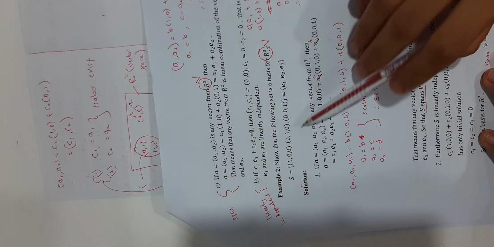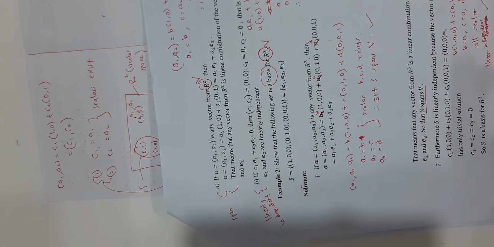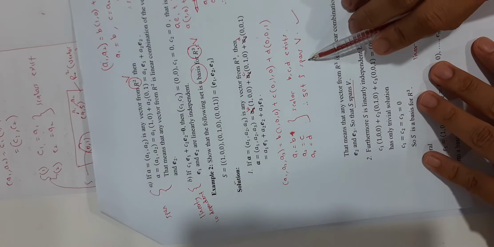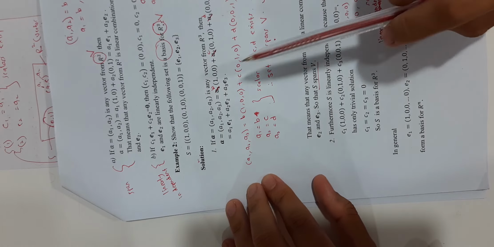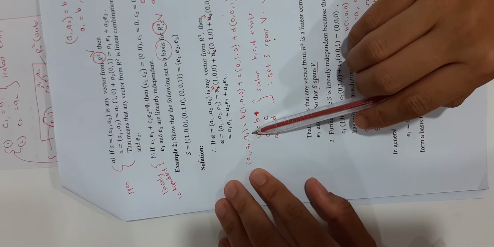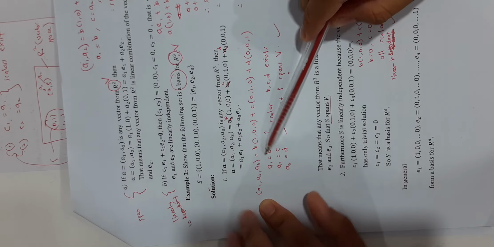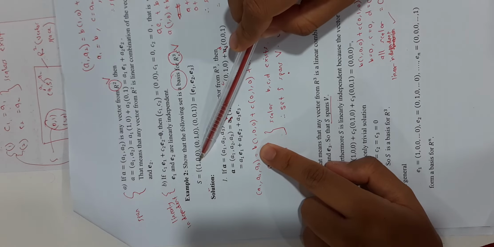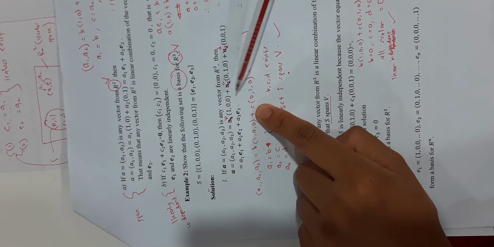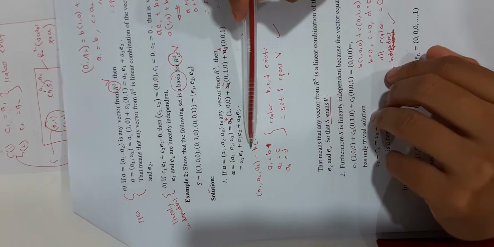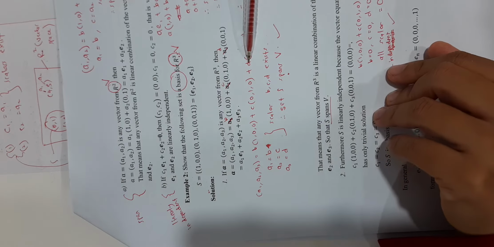So the same thing here now. To find a basis, there are two things that you need to check: whether it spans, and whether it is linearly independent. To check for span, this is the calculation that I've done here. I write down A1, A2, A3, which is any vector that comes from R3, equal to B multiplied with the first vector in S plus C multiplied with the second vector in S plus D multiplied with the third vector in S. So B, C, and D are my scalars.